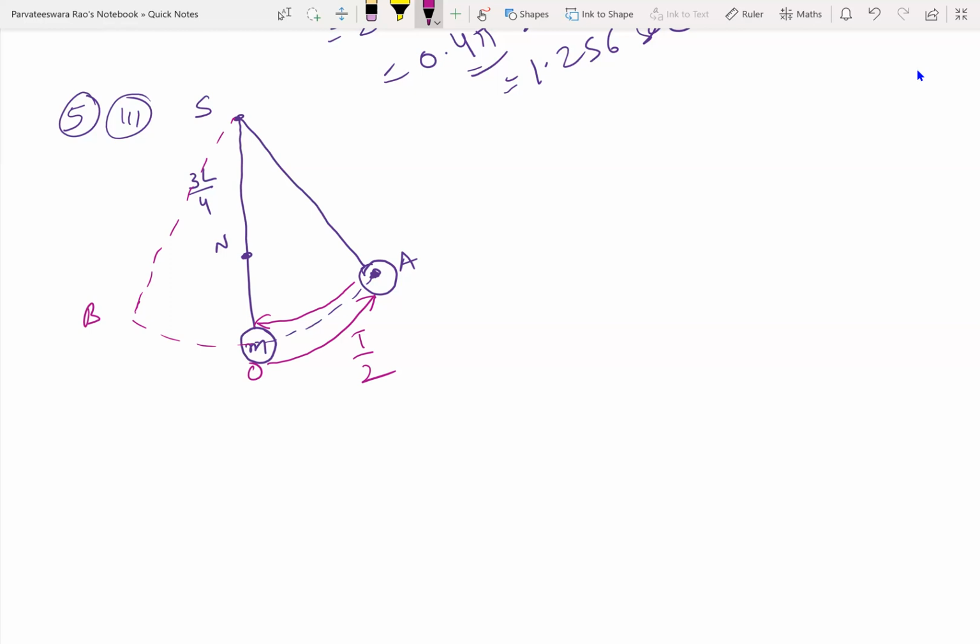But because of the nail, only the part till O, the pendulum will be swinging. 3/4 of the length of the pendulum will be stopped by the nail, and only 1/4 of the length of the pendulum will be swinging. The remaining 3/4 of the length is prevented from swinging.